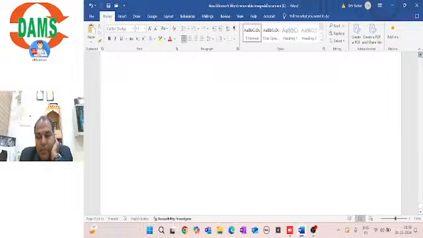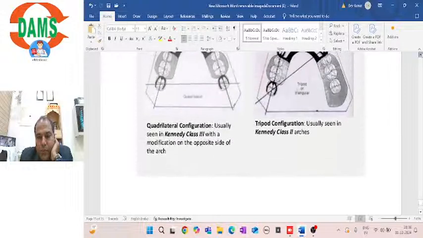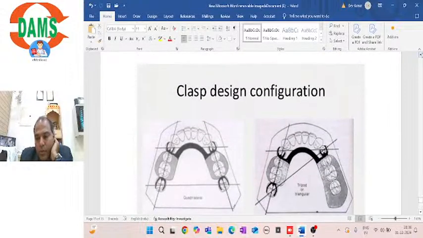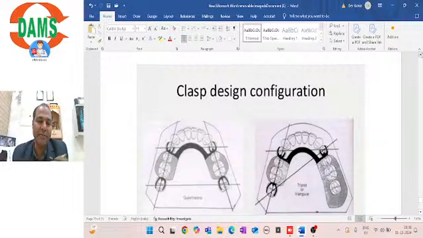One more thing I'll just teach you. Okay, just the designing portion, just have a look at the designing portion. So in Kennedy's class 3 you see that we give a lingual bar, for example. Okay, you see that the four clasps are added, and you see the mesial rest adjacent to the teeth, right?